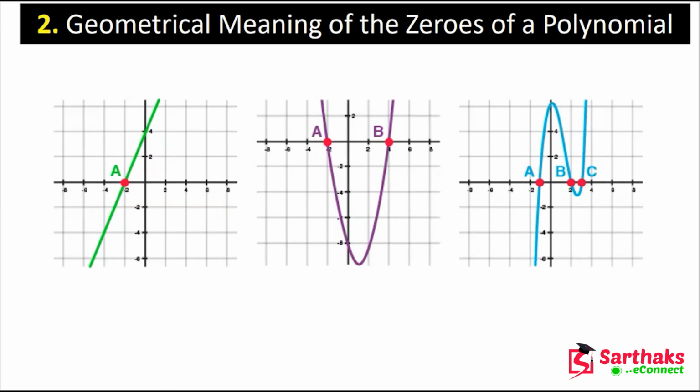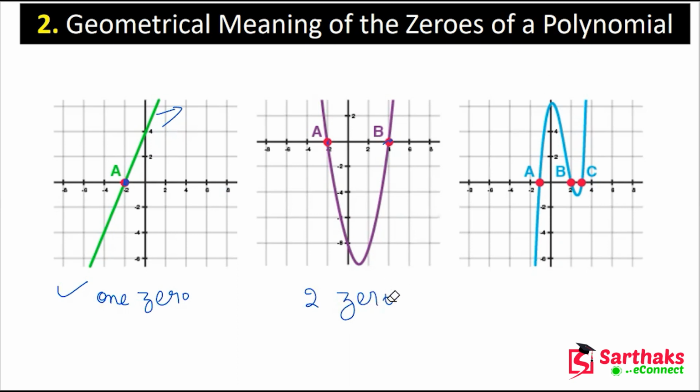If you see in this graph, here is a linear line which cuts the x-axis at one point, so there is one zero. Now this is a parabolic curve, and it cuts the x-axis at two points, a and b. So here we can say that there are two zeros.